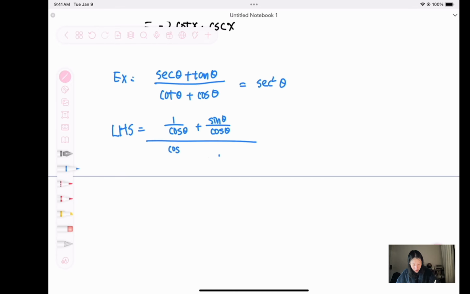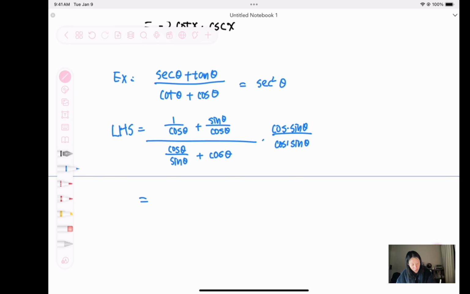Cotangent is cosine over sine. Okay, one way to do it is multiply by the common denominator, which is cosine times sine, over cosine times sine.